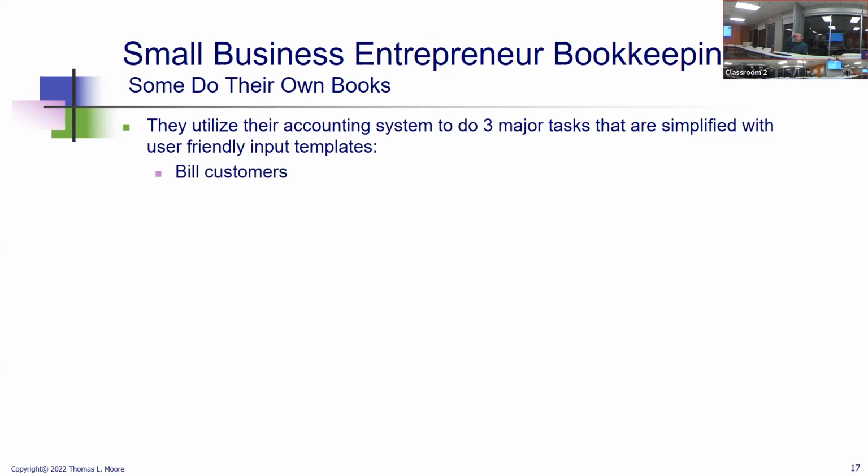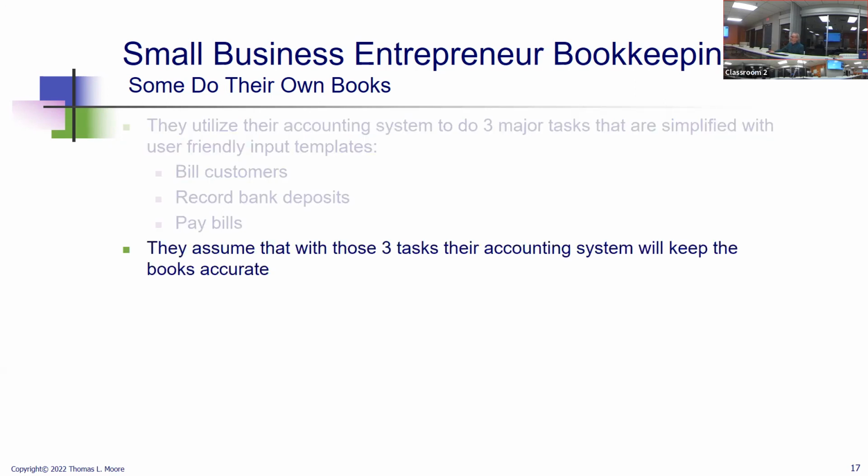So sometimes, when you're thinking about doing it yourself, a lot of times people think of it in terms of three major tasks that bookkeepers do: bill customers, record bank deposits, and pay bills. But that's not the case, because actually there are a lot more transactions around an accounting system that are required to keep accurate books.